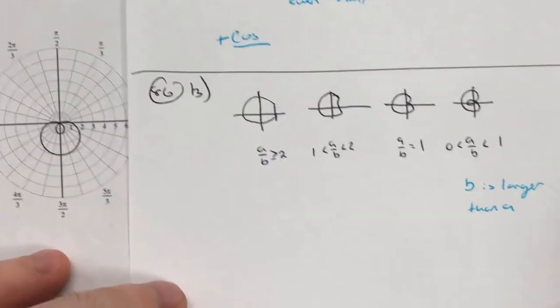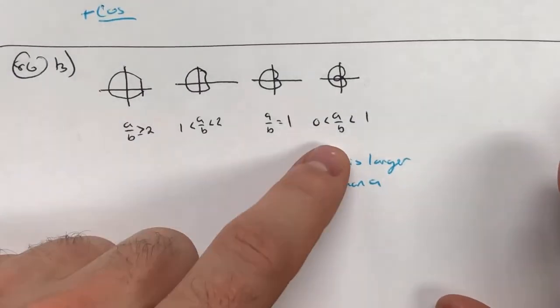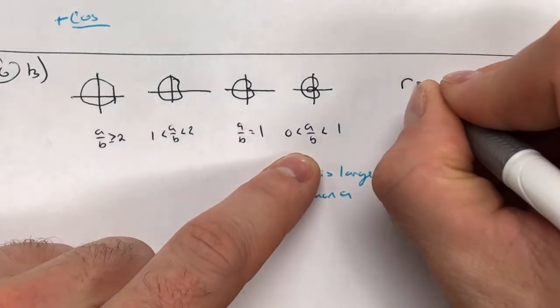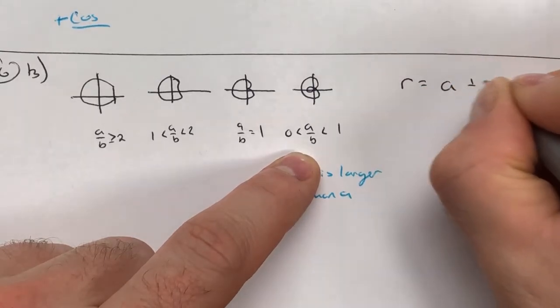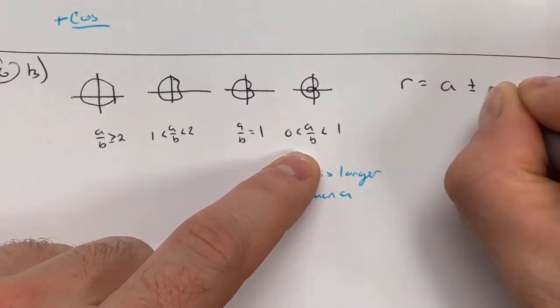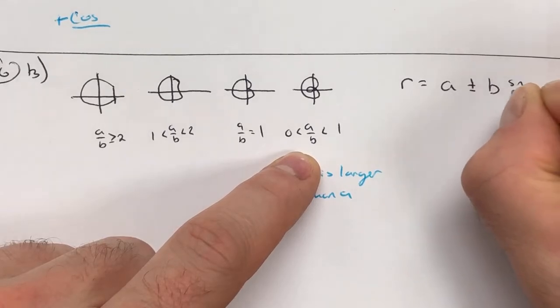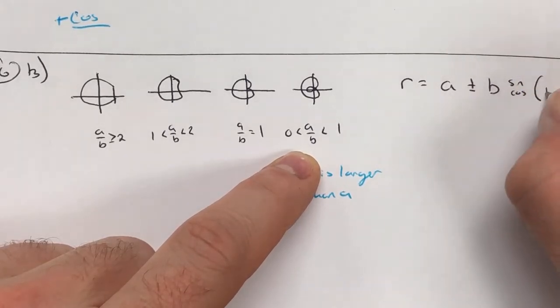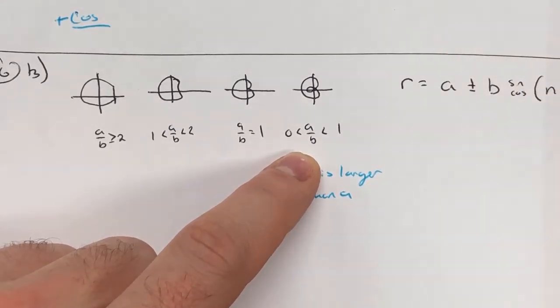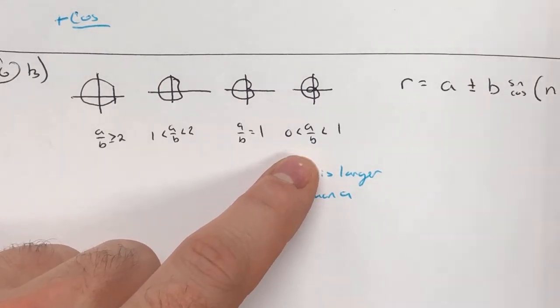Actually, with this, we can go ahead and jump into where the equation comes from. So with this, we go into our equation of r equals a plus or minus b, either sine or cosine of n theta. Okay?